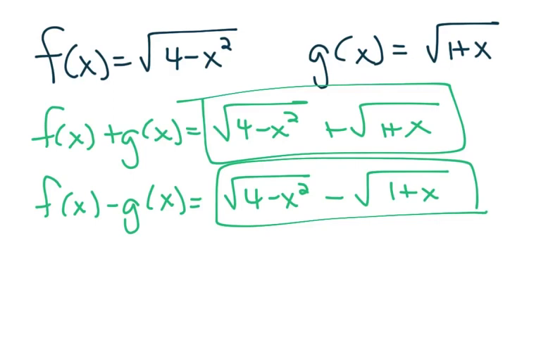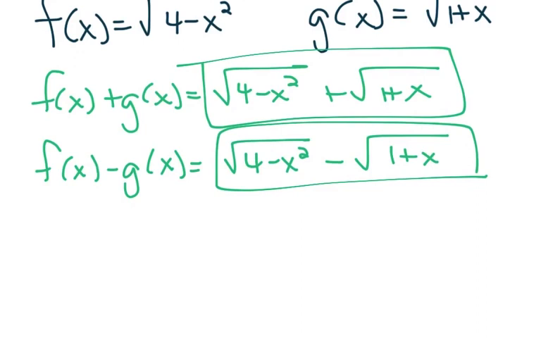Now, multiplication is a different story. So let's talk about multiplying radicals for a second. The square root of 2 times the square root of 3 is actually going to be the square root of 6. If you multiply two radicals together, as long as they're the same type of radicals, they both have to be square roots, or they both have to be cube roots, then you can just multiply together the numbers under the radical.